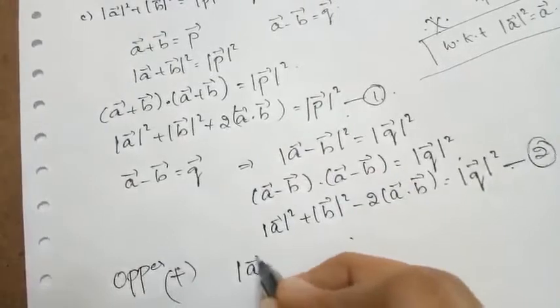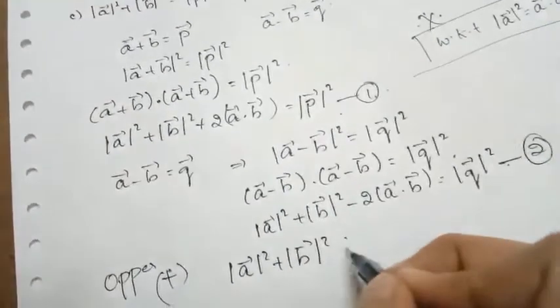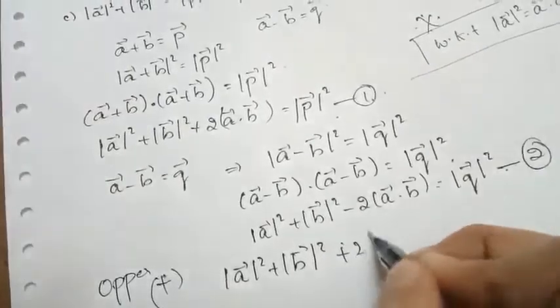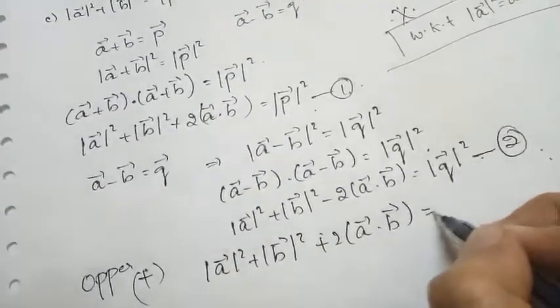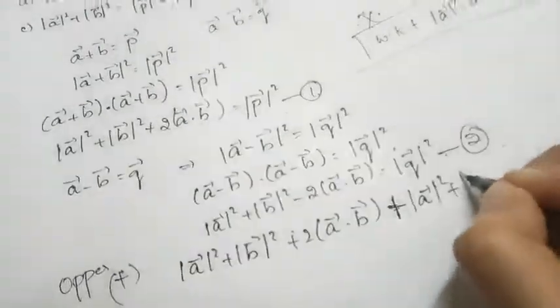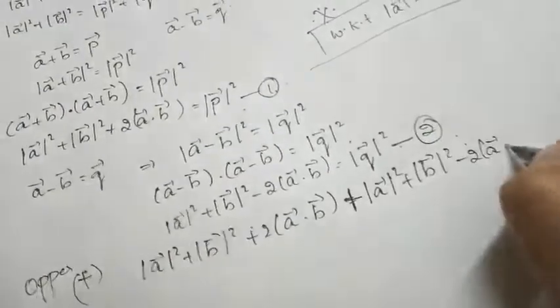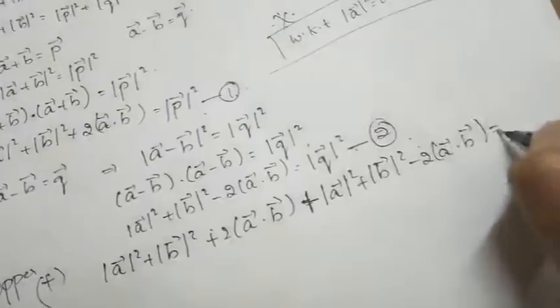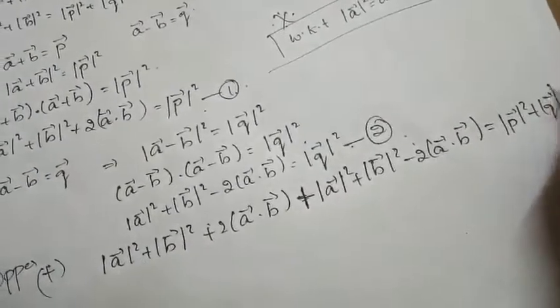The LHS is magnitude of vector A square plus magnitude of vector B square plus 2 times vector A dot vector B, plus the LHS of equation 2, that is magnitude of vector A square plus magnitude of vector B square minus 2 times vector A dot vector B, is equal to magnitude of vector P square plus magnitude of vector Q square.